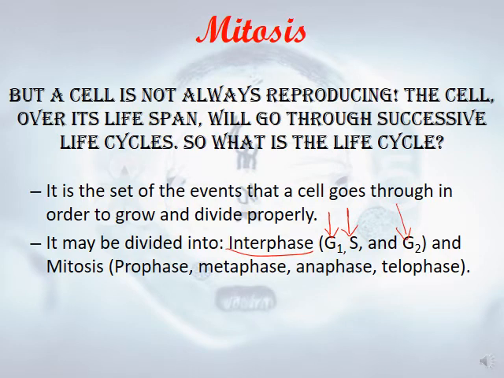And we have mitosis, which includes prophase, metaphase, anaphase, and telophase. They should be in order: prophase, metaphase, anaphase, telophase. So we can write it as PMAT.